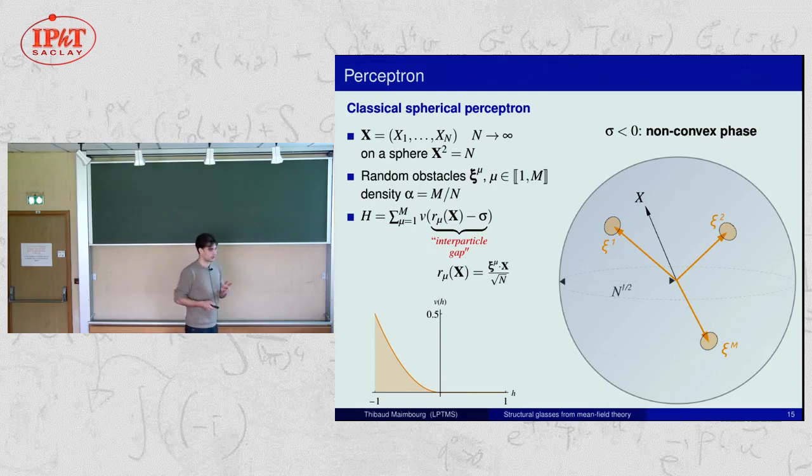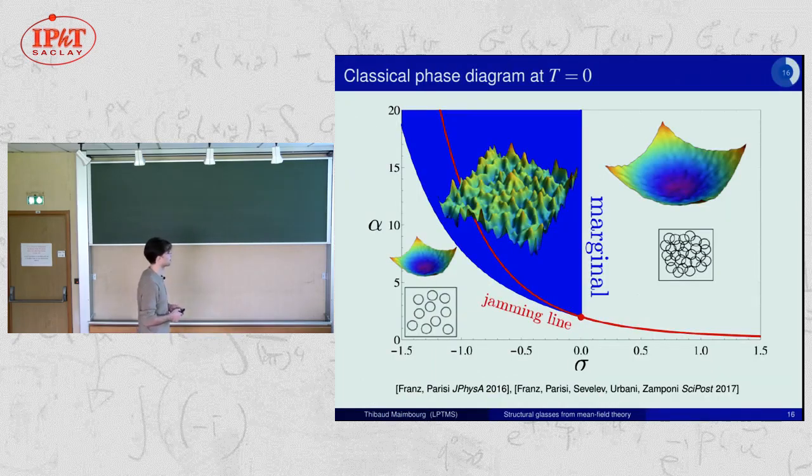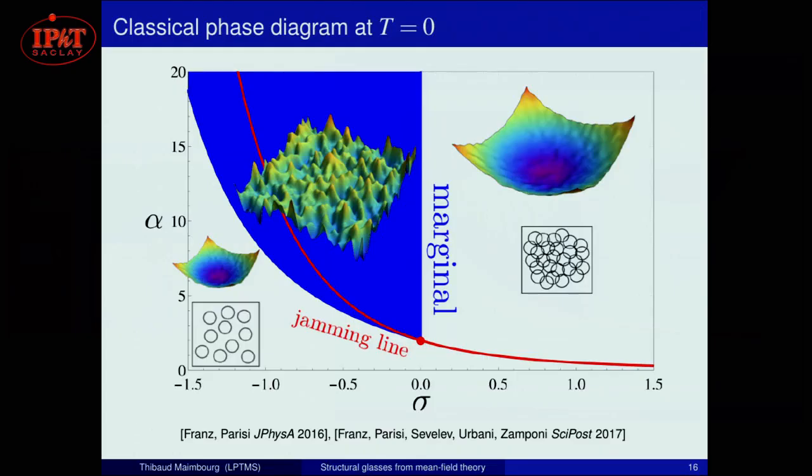There are two main parameters in this problem. One is the density of the obstacles, here called alpha. And another one is this sigma parameter in the potential. I won't talk much about it, it's not so important: glassy effects come in only at sigma negative, but for what I'm going to say, it's not a relevant parameter.